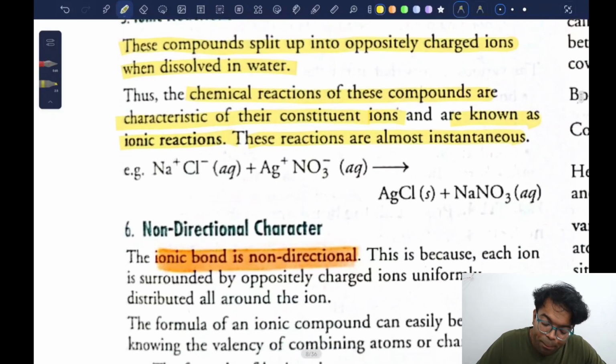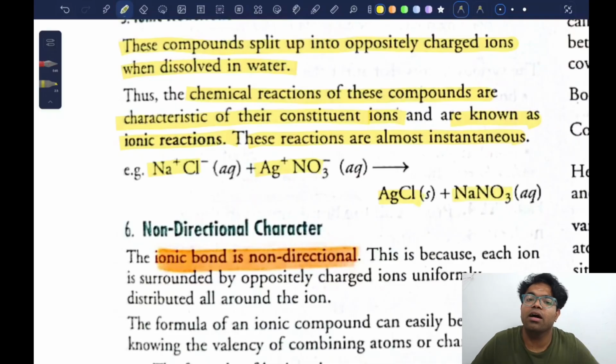Sodium chloride plus silver nitrate gives you silver chloride, which forms a precipitate and settles at the bottom, and sodium nitrate.